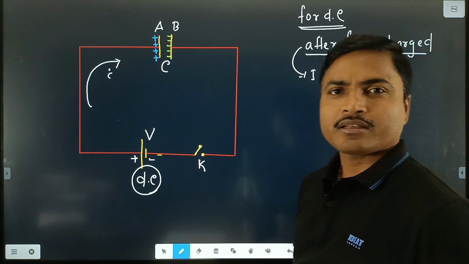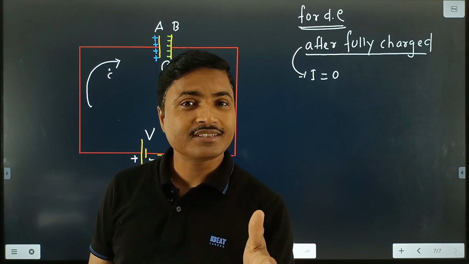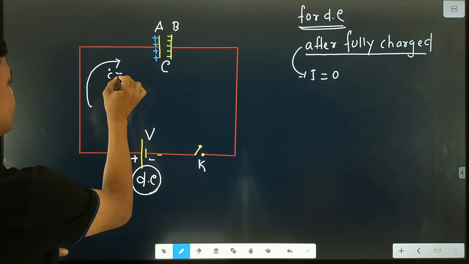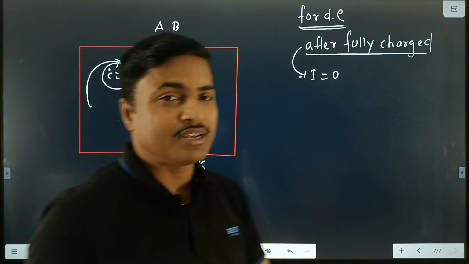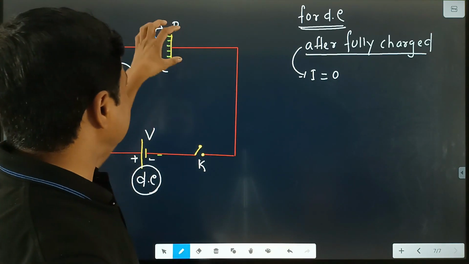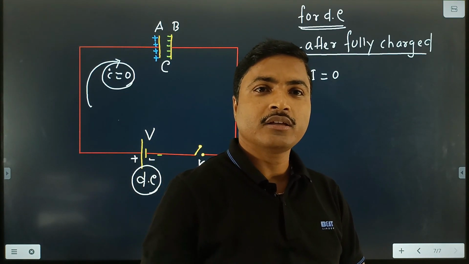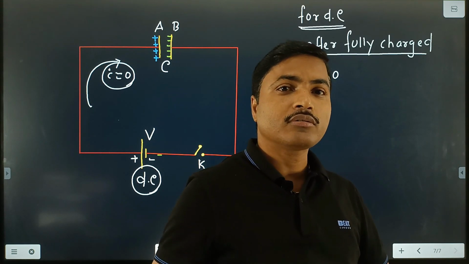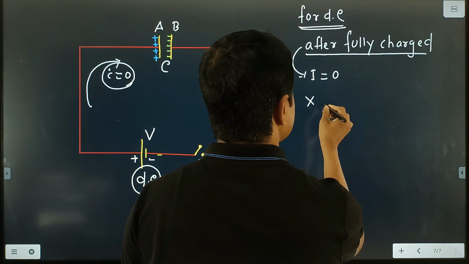That means after the capacitor is fully charged, the current flowing through the circuit is 0. Current flowing through the circuit is 0 means the capacitor opposes the flow of current. And you know opposition of what? That is XC.